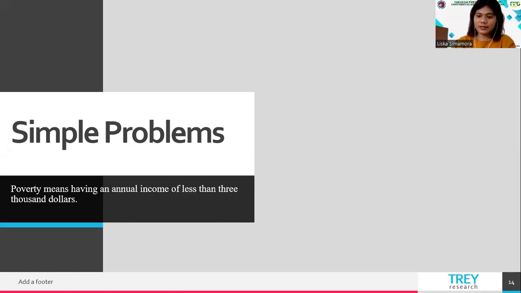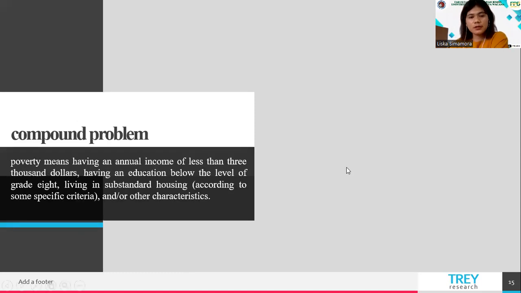So let's go to the next level, how the compound problem defines poverty. A compound problem defines poverty as having an annual income of less than $3,000, having an education below the level of grade 8, and living in substandard housing and/or other characteristics.